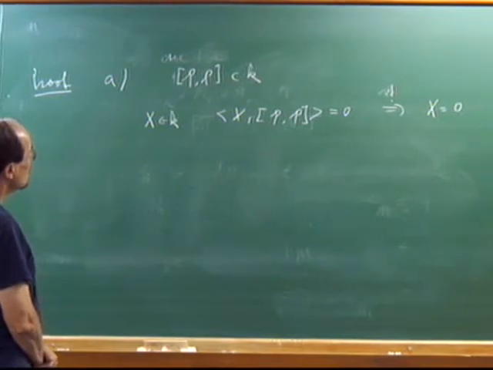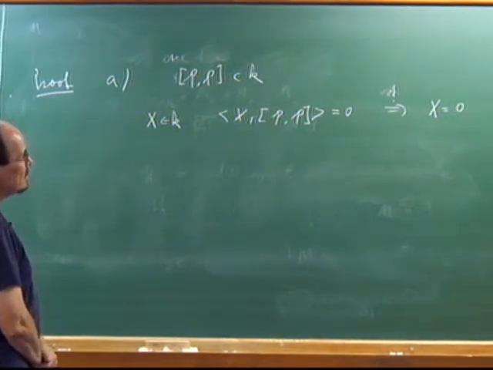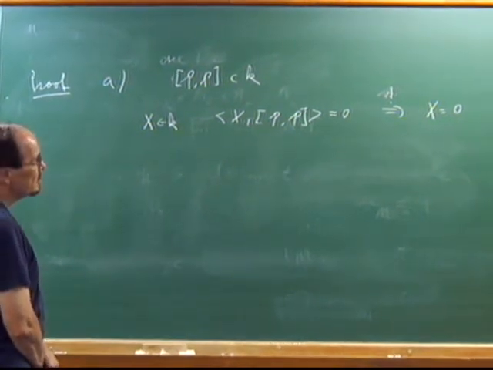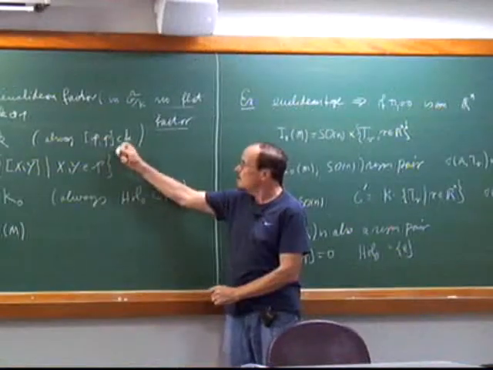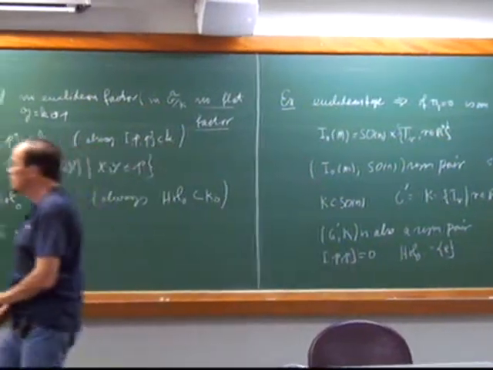Of course, I can do this with the Killing form. No Euclidean type means that the Killing form is non-degenerate, so that I can do this for the Killing form.